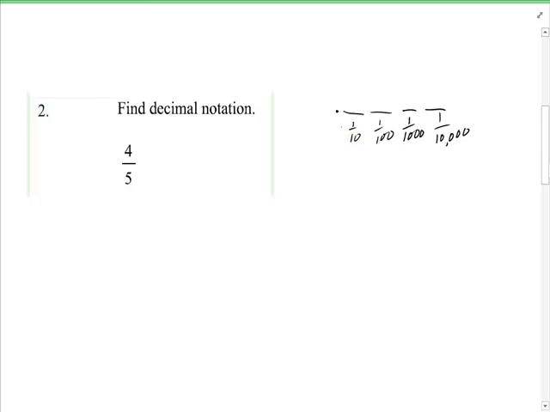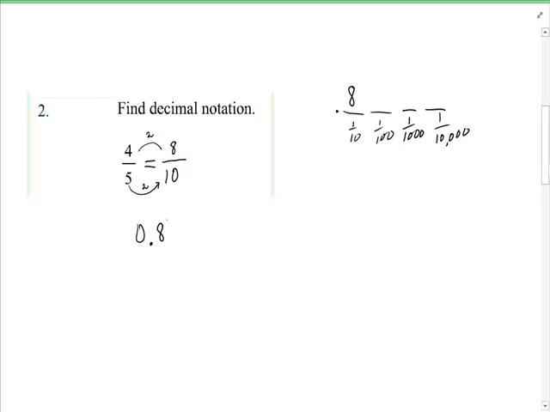Well, I could turn it into 10. So in other words, what I'm going to do is make it into an equivalent fraction. How many times does 5 go into 10? The answer is 2. So do that to the top. So I'm multiplying by 2 over 2, which is 1. That gives me 8 tenths. That's an 8 in the tenths place. We would probably write it as 0.8.